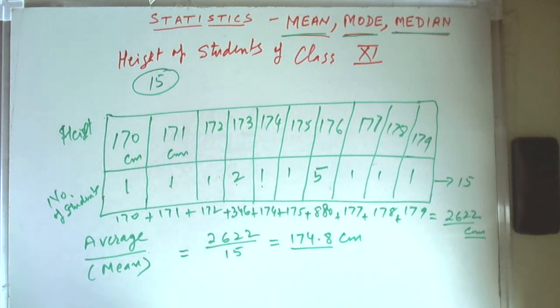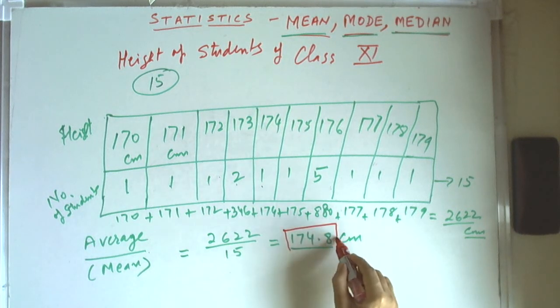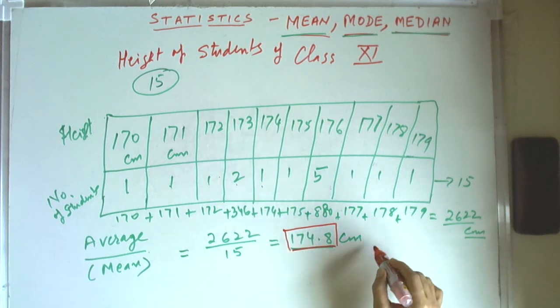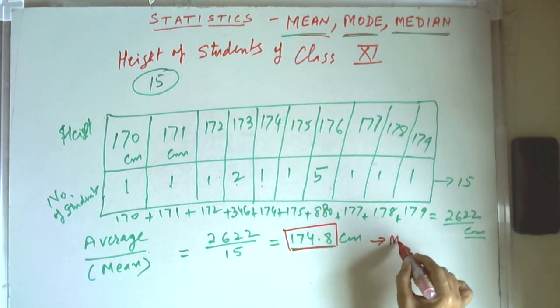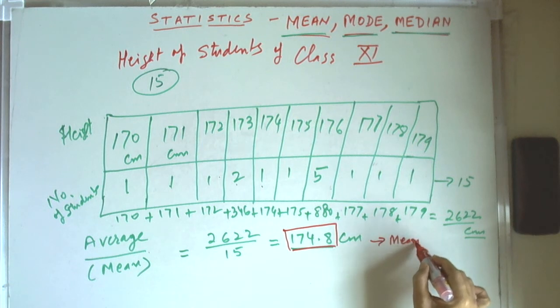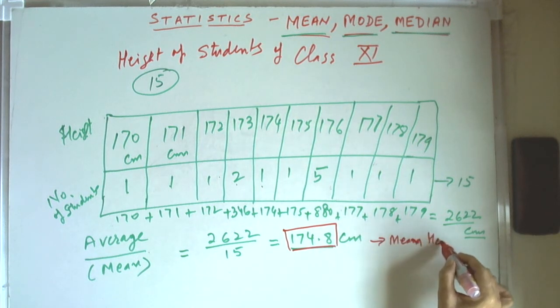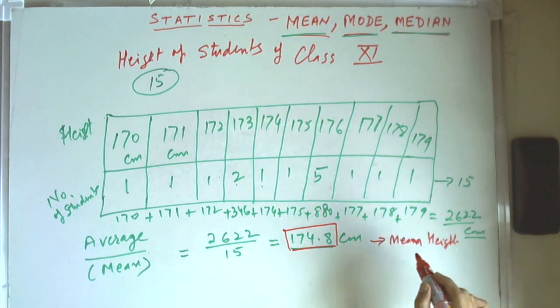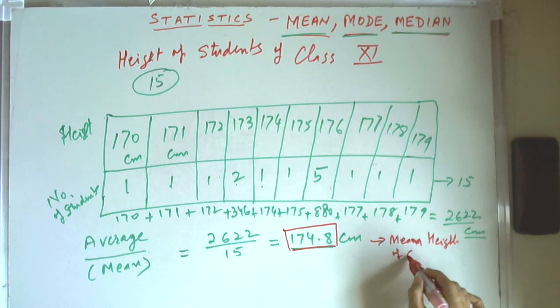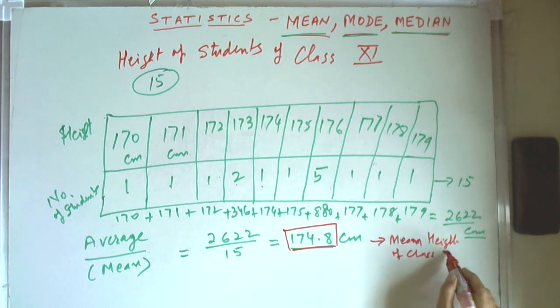So the average height of class 11 is 174.8. So this we can say is the mean height of class 11.